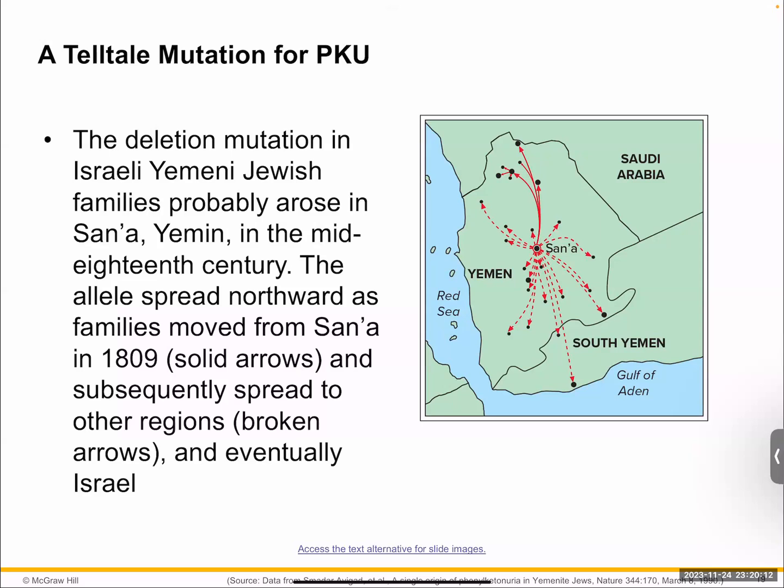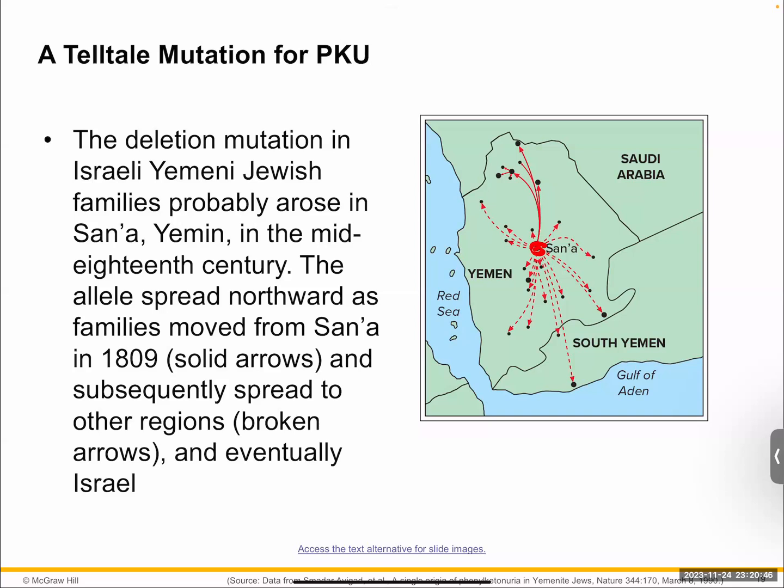For instance, take the deletion mutation that formed in the originally Israeli Yemeni Jewish population, which originated from the middle point right here. It is believed, based on the history and the genetic information, that it starts from the Sana'a area in Yemen in around the 1750s.